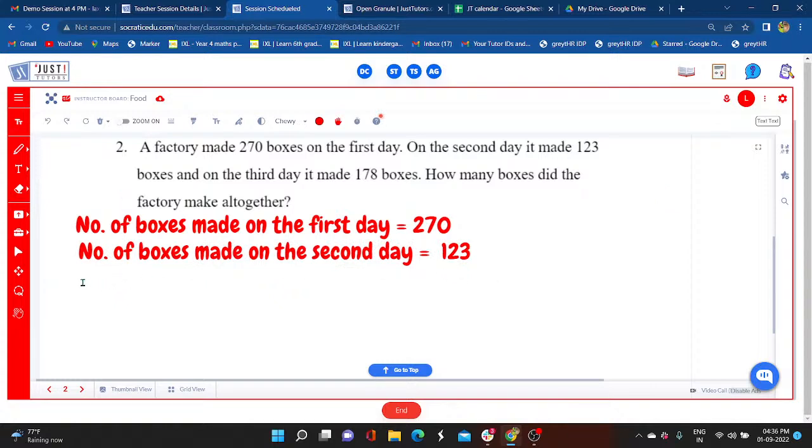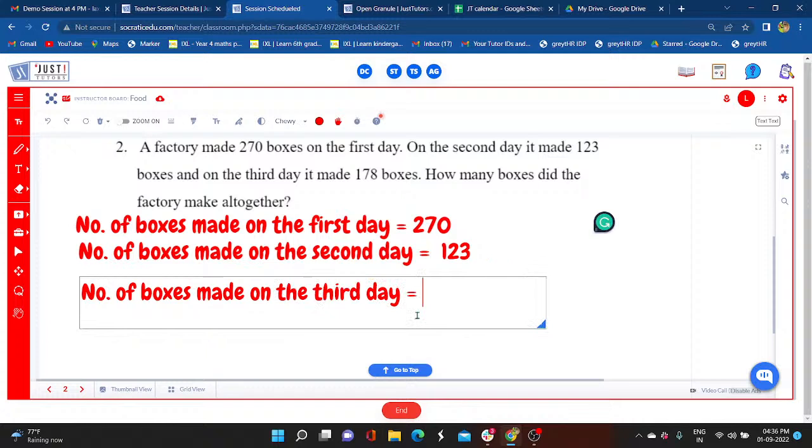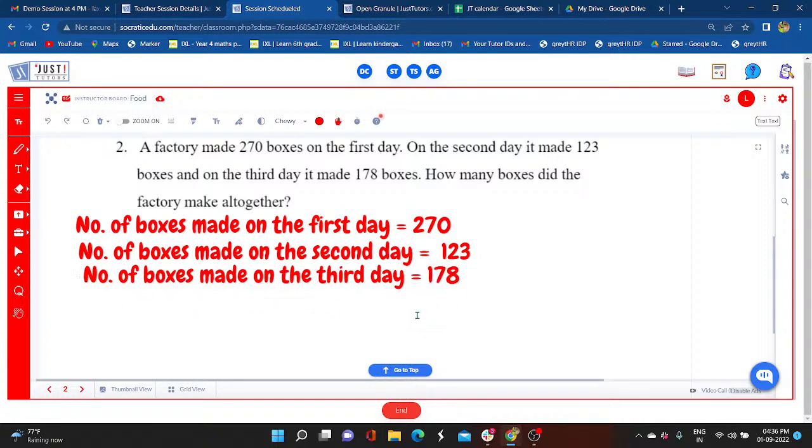Now number of boxes made on the third day is 178.